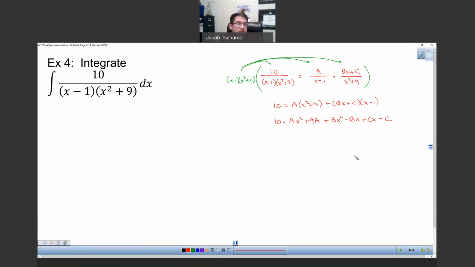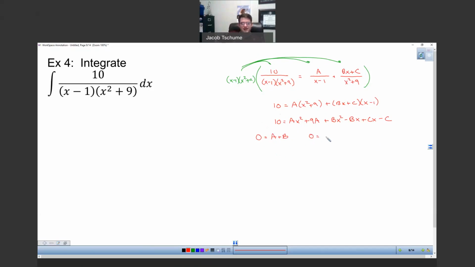And now I'm going to set this up just like I did the last problem and do constants. So on the left, there is not an x squared term, so I will call that 0. But on the right, I see that I have an A plus a B with x squared. So I know that A plus B must equal 0. There are no x terms on the left, so I'm going to call that 0 again.